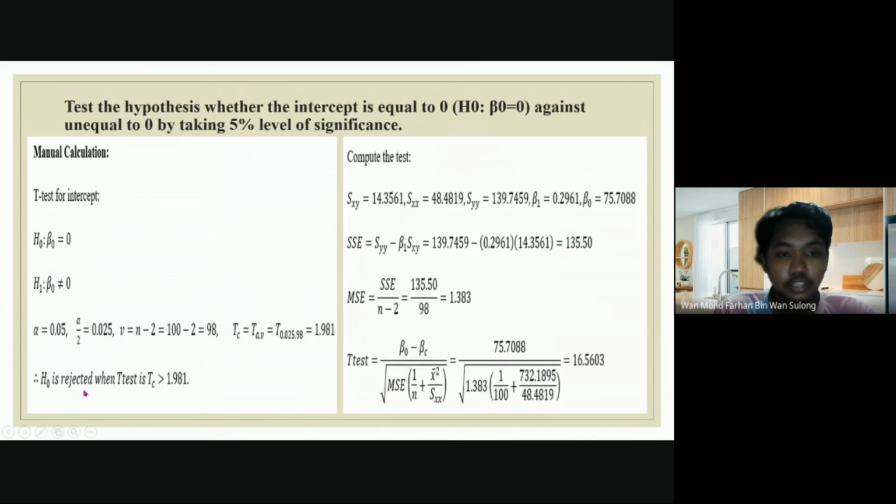H0 is rejected when the t-test is greater than 1.981. When we compute the test, SSE is 135.50, MSE is 1.383, and for the t-test, we get 16.5603.